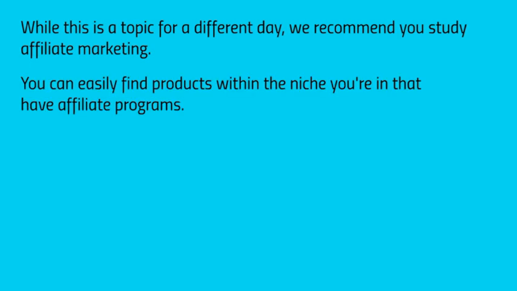So you can easily find products within a niche that you're in that have affiliate programs. In fact, in video number 5, where I show you how to go to a site called clickbank.com or even jvzoo.com, both of these are sites where you can find products to promote as an affiliate.